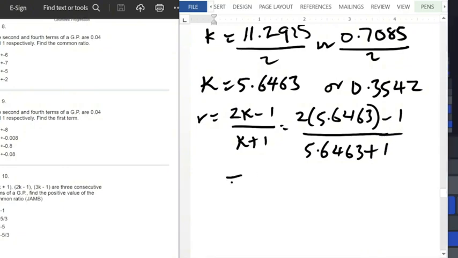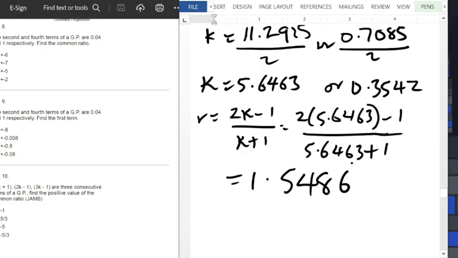So which is equal to 2 multiplied by 5.6463 minus 1, that is 10.29, then divided by 6.6463, which equals 1.5486.